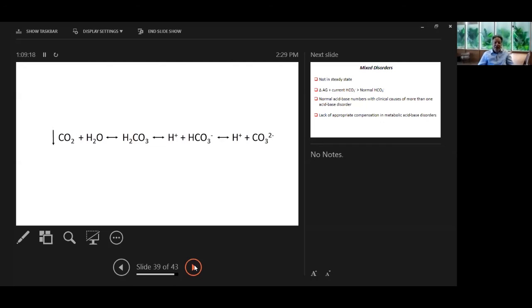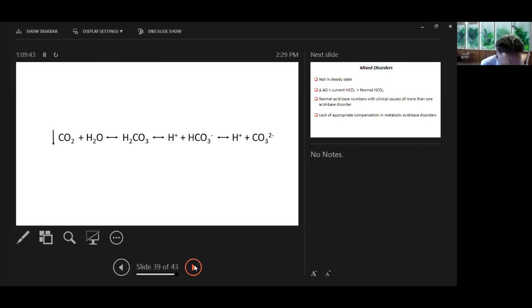And again, it's important to realize that acute and chronic respiratory alkalosis do not require organs. They're simply reflections of changes in the bicarbonate buffer reaction. So whenever I drop the PCO2, I shift everything to the left, and that's why the bicarbonate drops. And conversely, if I raise the PCO2 acutely, I shift everything to the right, and I generate some bicarbonate.